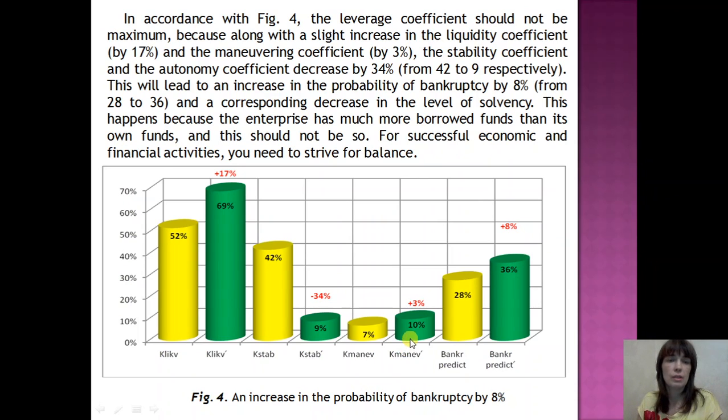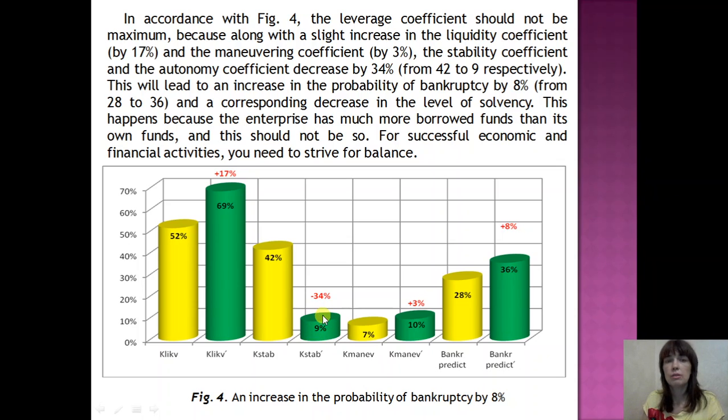In accordance with figure number 4, the leverage coefficient should not be maximum, because along with the slight increase in the liquidity coefficient by 17% and the maneuvering coefficient by 3%, the stability coefficient and the autonomy decrease by 34%, from 42 to 9, respectively.